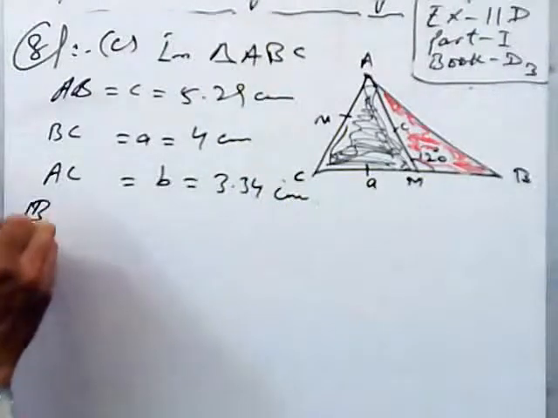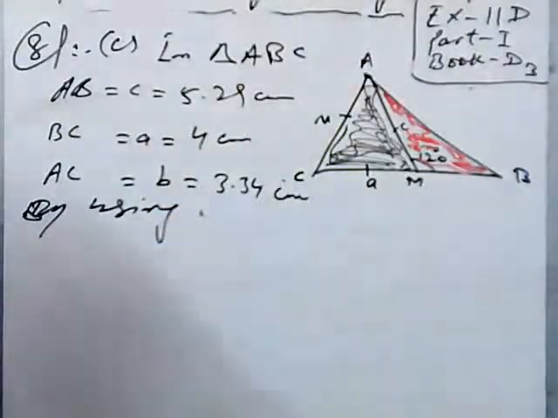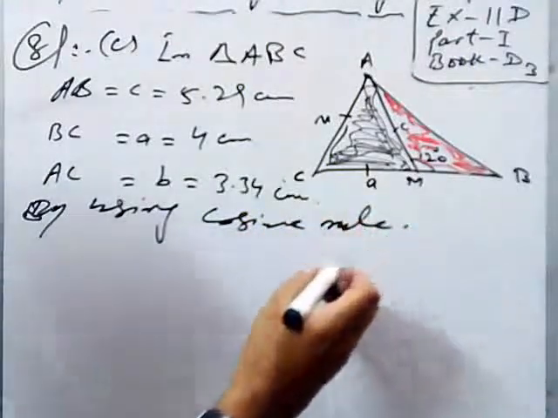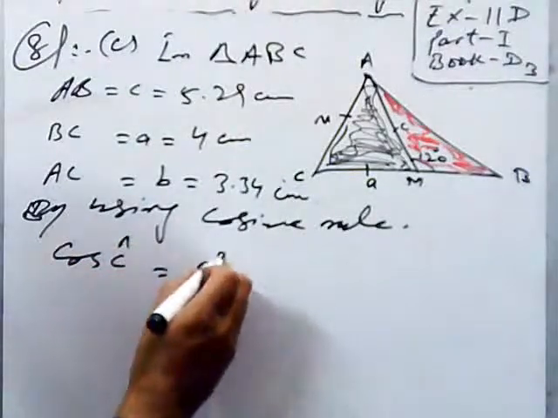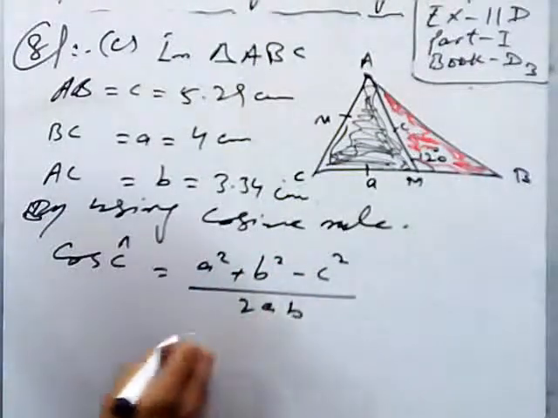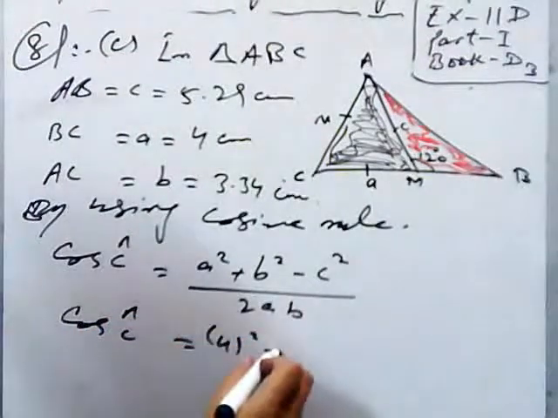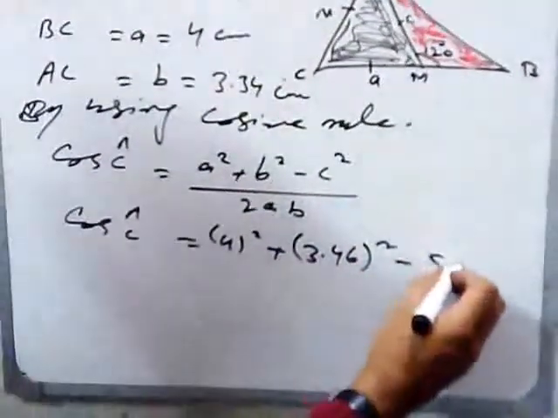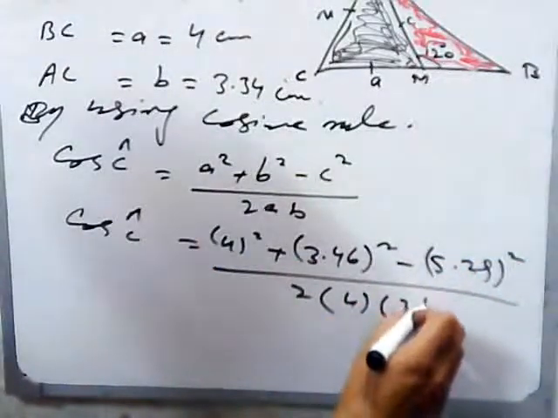So again, by using the cosine rule, cos C angle is equal to a square plus b square minus c square divided by 2ab. So putting the values, the value of a is 4, b is 3.46, and the value of c is 5.29, and 2ab.